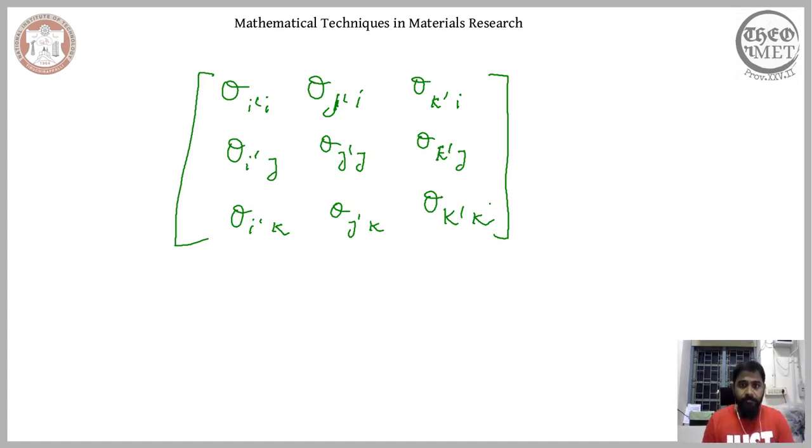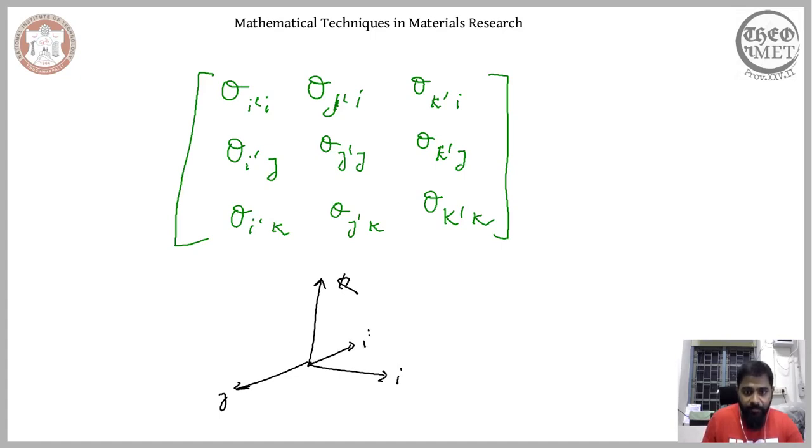So I have rewritten the matrix that constituted the dot products using the thetas that relate these different bases. Essentially what these thetas mean is, when I have such a combined frame of reference like i, j and k, on which i prime, j prime and k prime are superimposed, my theta i prime i corresponds to this angle here.